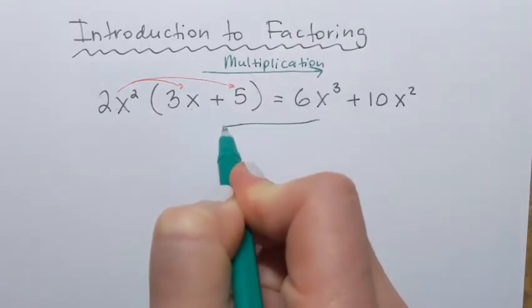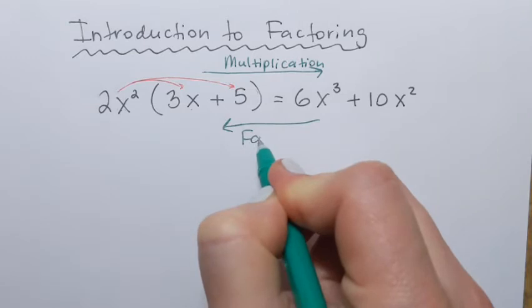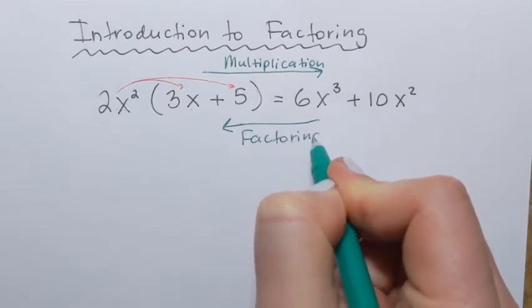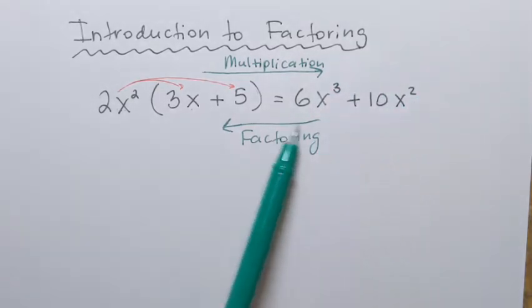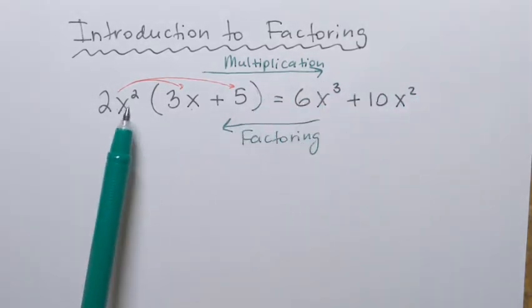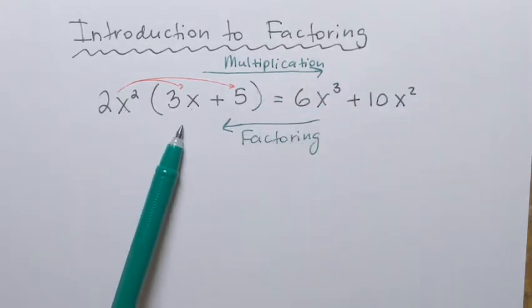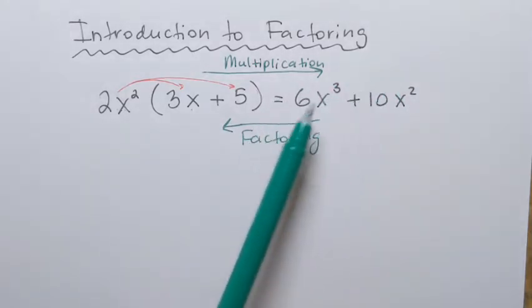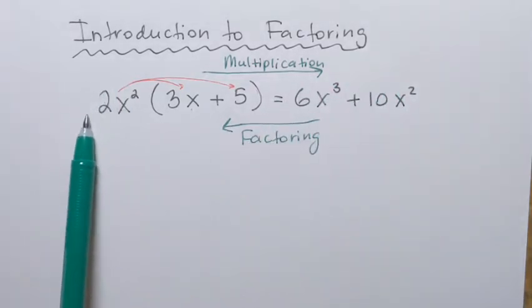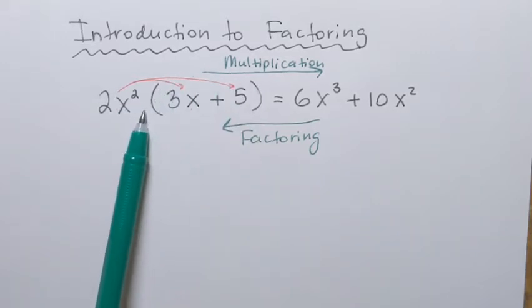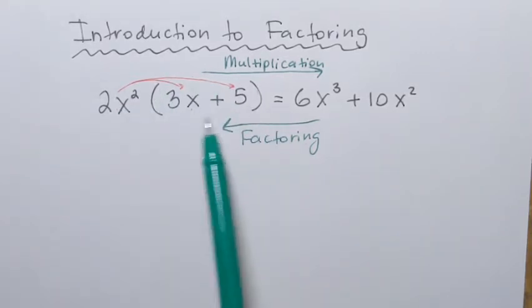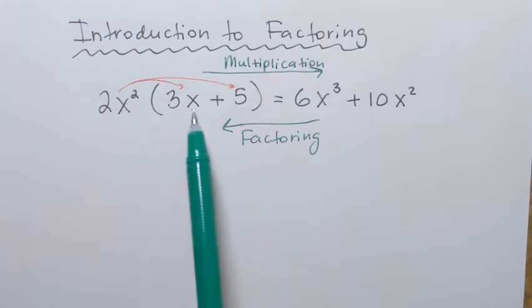Our goal, so factoring, going the other way, is to take the given expression and rewrite it as the product of two other expressions. So we start with an expression like that and we write it as the product of, in this case, a monomial and a binomial, right?